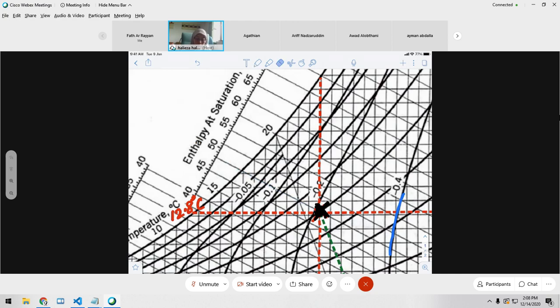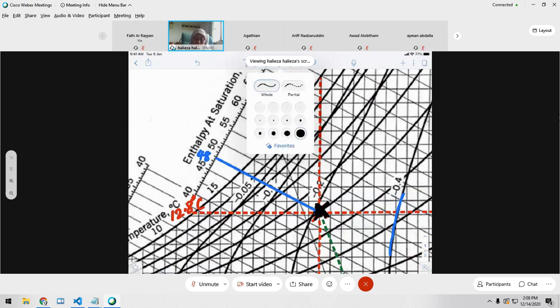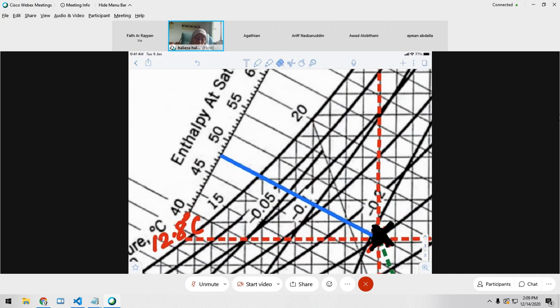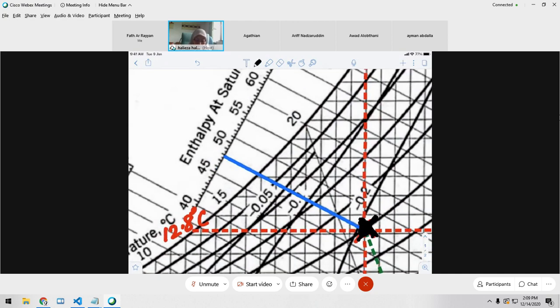Okay, I erased the line already. Let me partially erase. Now I can see that. It is 48. So I write down: saturated enthalpy, around 48.